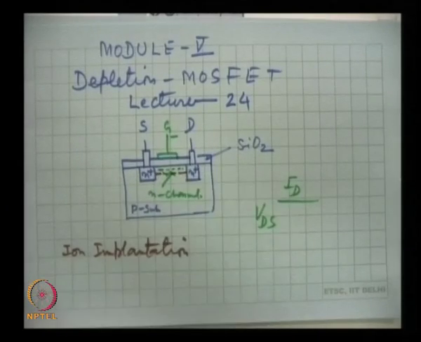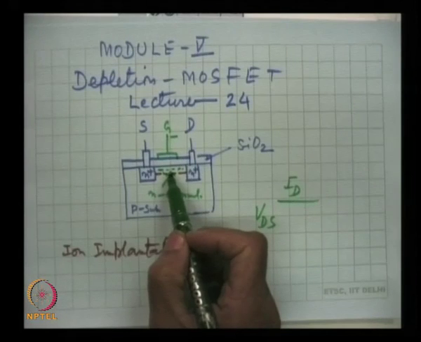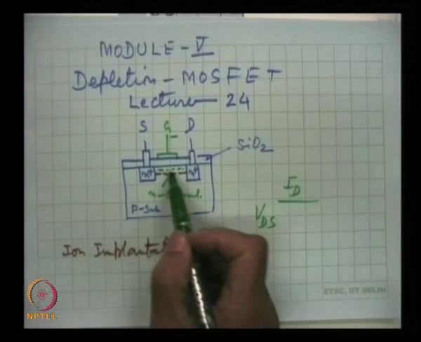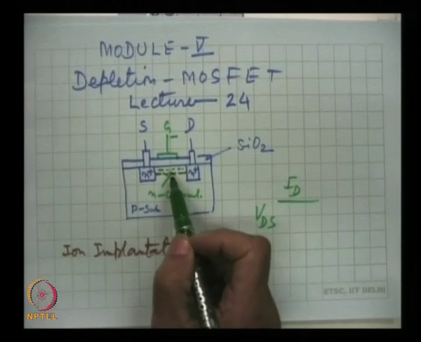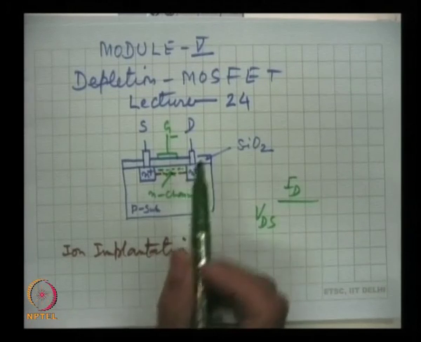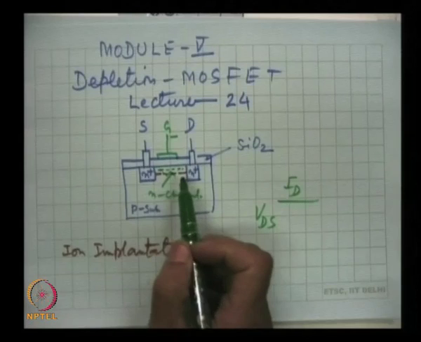Now, when we apply a negative voltage, I am not repeating what we have already done, a depletion region will occur, and that will change the conductance of the channel. That means the negative voltage at the gate will induce positive charges in the channel region, and some of these positive charges will recombine with the electrons in the channel, and hence the density of electrons in the channel will fall, and there will be a reduction in the conductance.